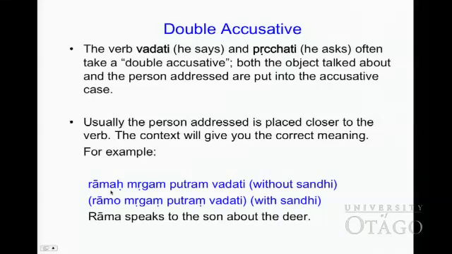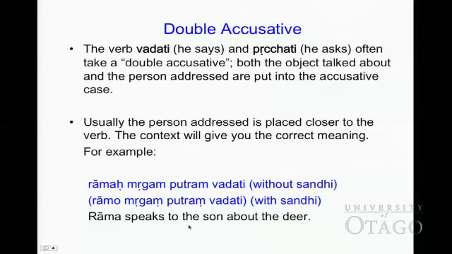If you change the order of the accusatives, you change the meaning. Rāmaḥ putram, and mṛgam put it here, and vadati: Rāmaḥ putram mṛgam vadati. So the meaning changes to Rama speaks to the deer about the son.